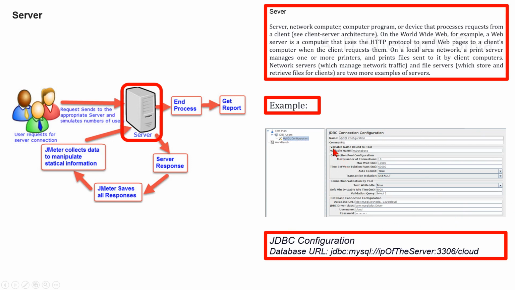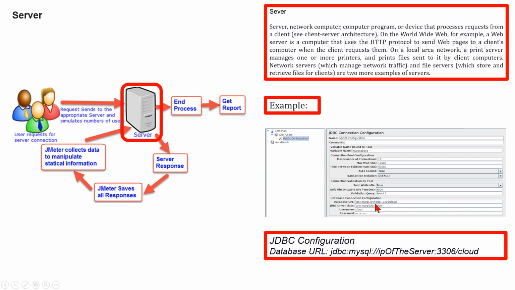Here, variable name: my database bound to pool. This needs to uniquely identify the configuration. It is used by the JDBC sampler to identify the configuration to be used. Here you can see a database URL, jdbc:mysql://, here.